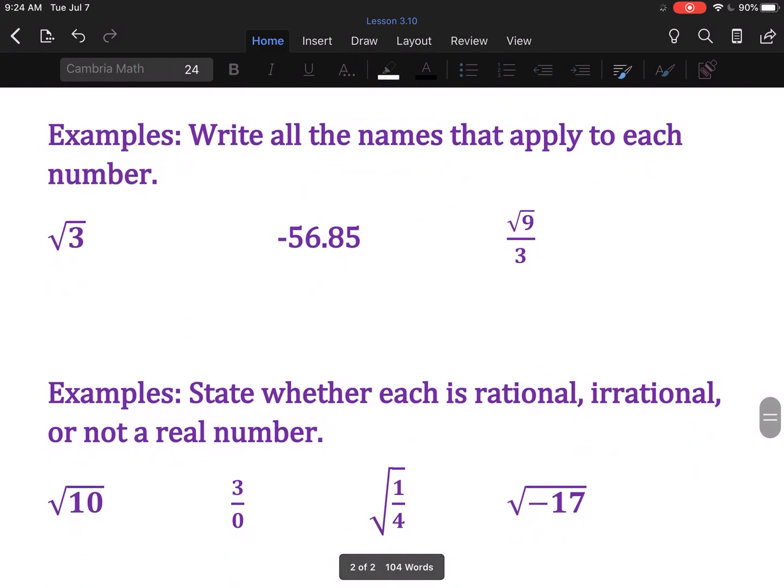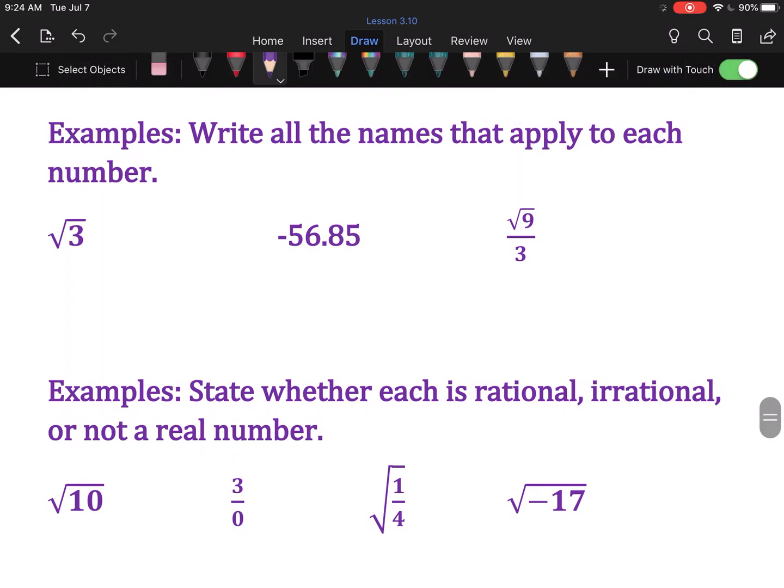So, write all the names that apply to each. This first thing, root 3. Well, I don't know the square root of 3, so it's the square root of something that doesn't work. That means this is irrational, and we can abbreviate that IRR. The next number is a decimal, negative 56.85, but it's a decimal that ends.